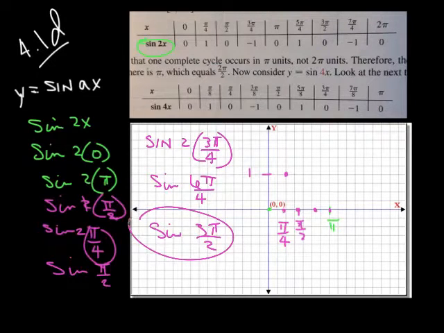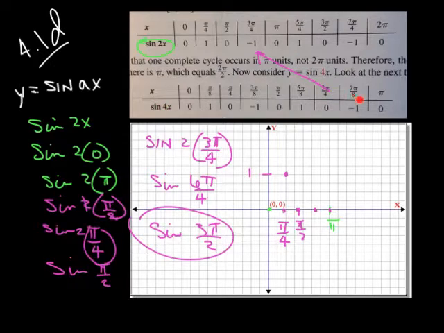Now I take the sine of 3 pi over 2, and I get negative 1. So that's where that negative 1 came from. We did not take the sine of 3 pi over 4 because it didn't ask us to do that. For the y value, it told us to take 3 pi over 4 times 2 and then take the sine of it, which gives us this number here.